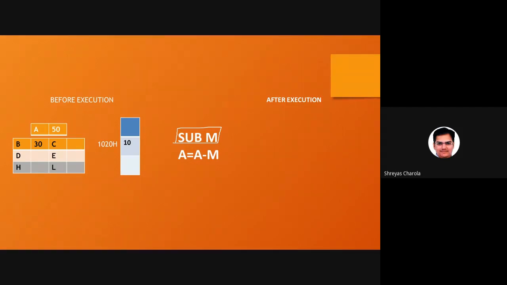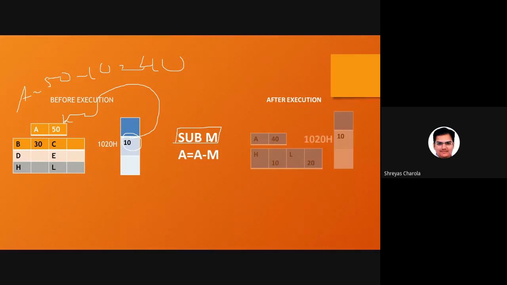What do you mean by M? M is a combination of HL. It will go to that memory location and A minus M. What should be the answer in the accumulator? Very good, Parthiv. So this 10 will be subtracted from the accumulator and the answer will be stored in the accumulator only. So that is the answer, we get 40 in the accumulator.